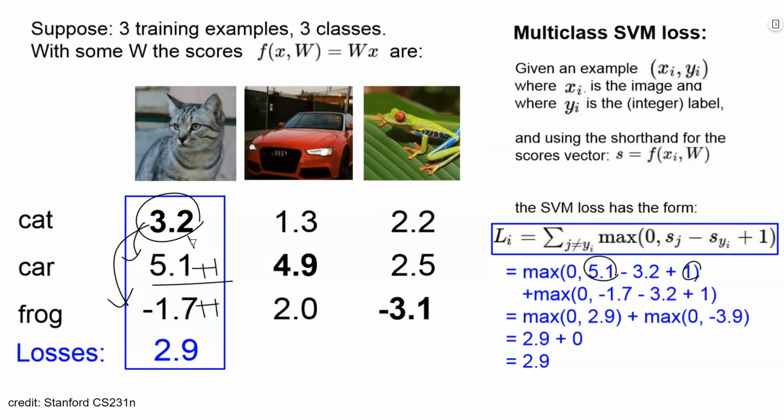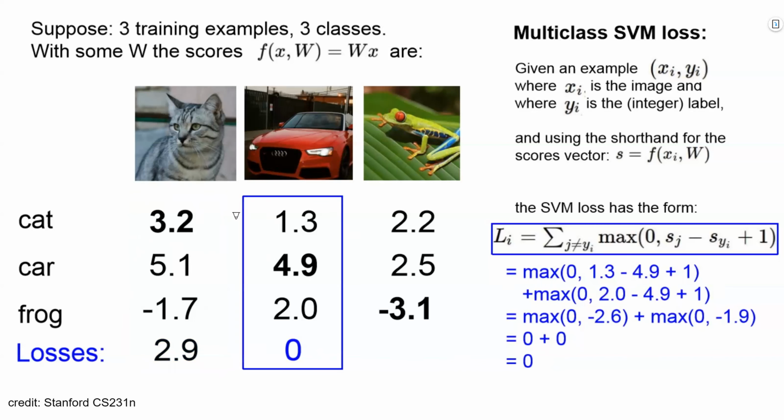And the gap between these two numbers is going to be our loss, 2.9. And in this case, because 3.2 is larger than this one, no loss occurs like this. Therefore, the total loss for training example 1 becomes 2.9.